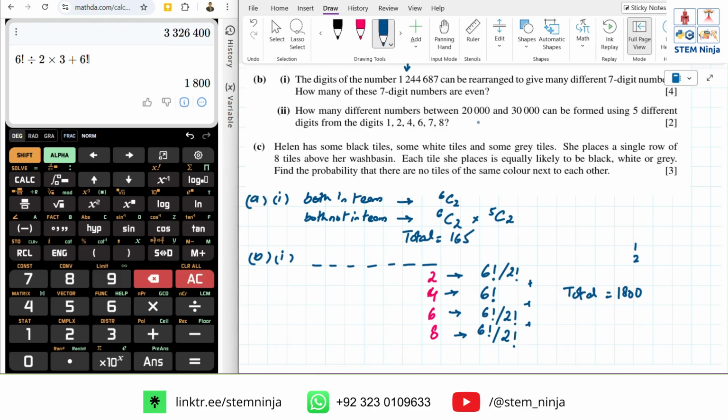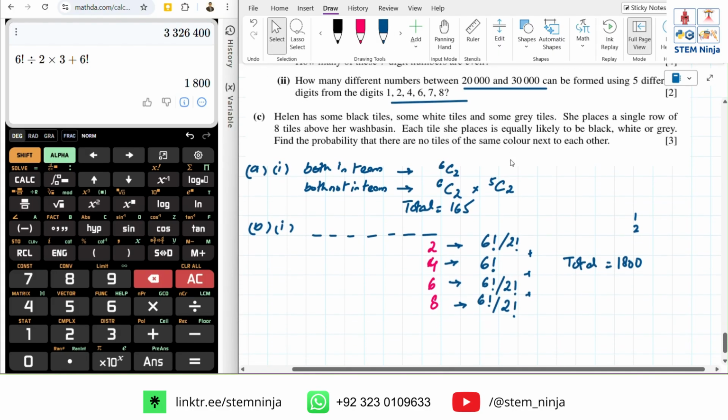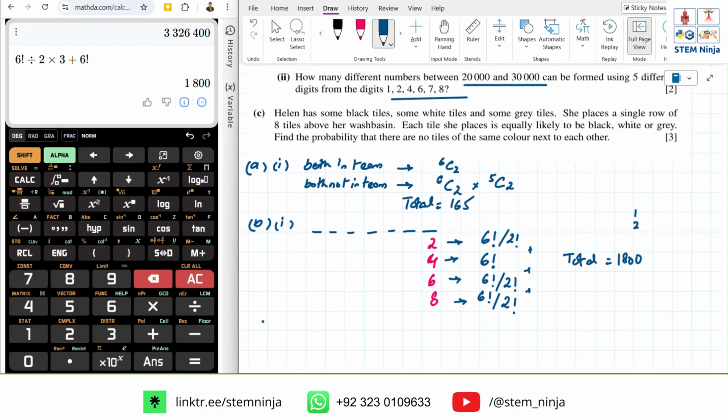How many different numbers between 20,000 and 30,000 can be formed using 5 different digits from the digits 1, 2, 4, 6, 7, 8? So the number can only start with 2.